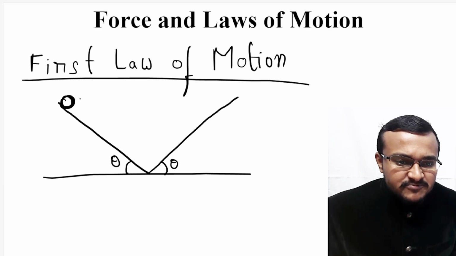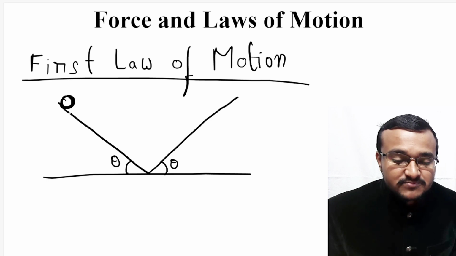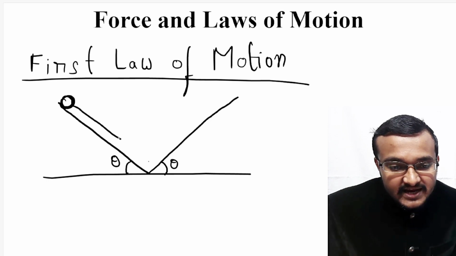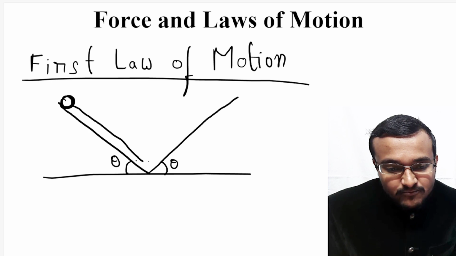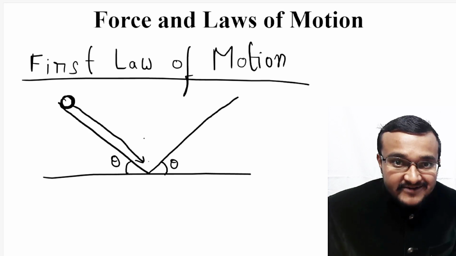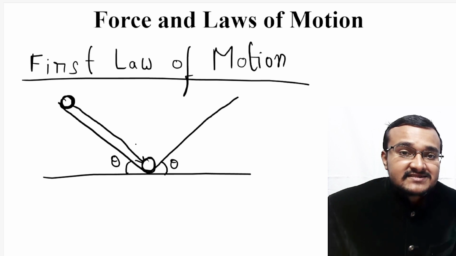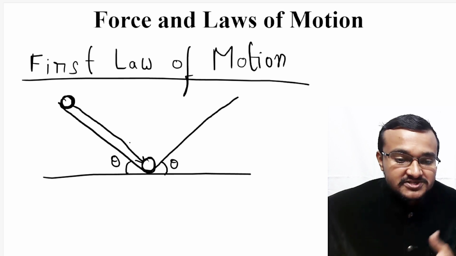Now if this marble is dropped from this height, due to gravitational force it will reach the bottom of the inclined surface, and by the time it reaches the bottom, it will attain a certain definite velocity.